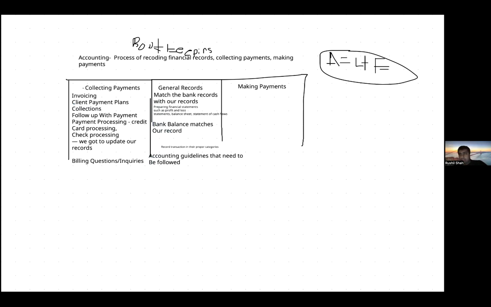Collecting payments could also be known as accounts receivable. I'm going to say this is GL, and this is accounts payable.